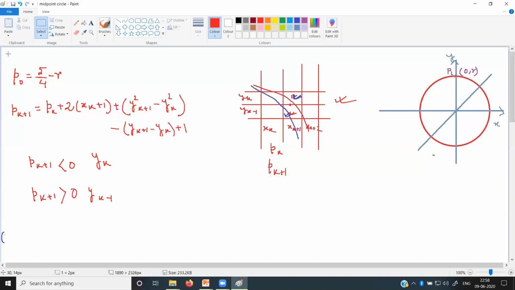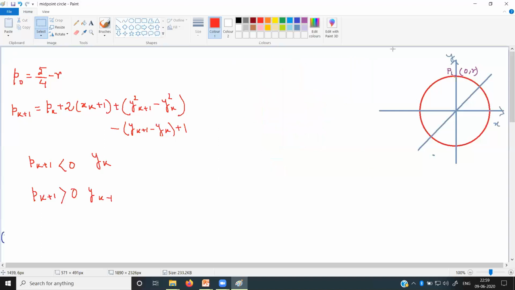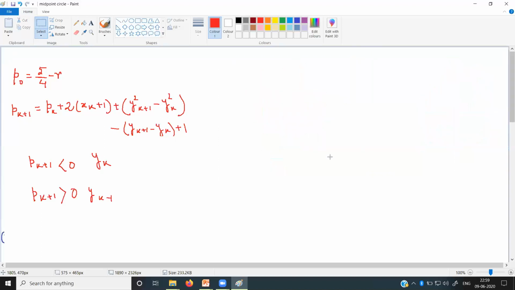Now we will write down the algorithm for the midpoint circle generation technique. I am writing the algorithm, please check.